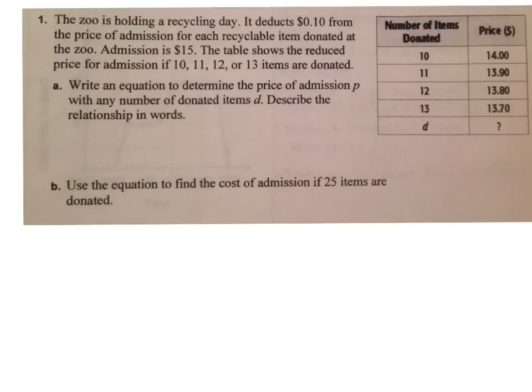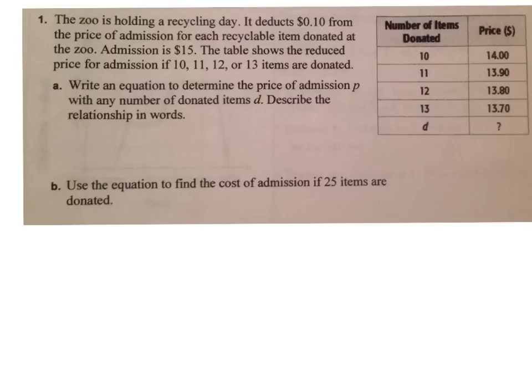So they're going to take away 10 cents for each item donated. If you don't donate anything, you have to pay $15. But when you start to donate items, your price is going to be deducted. So this table shows you if I bring 10 items, here's my price. 11 items, here's my price.